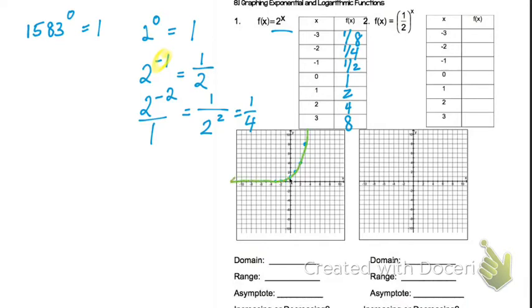It's getting closer and closer to 0, the x-axis. If it's getting closer and closer and closer, we call that an asymptote. An asymptote is like a magnetic field where your function is approaching it, but it never touches it.